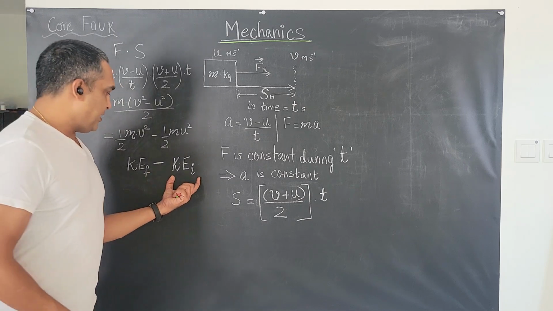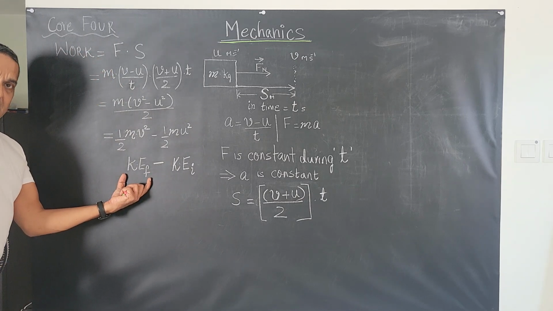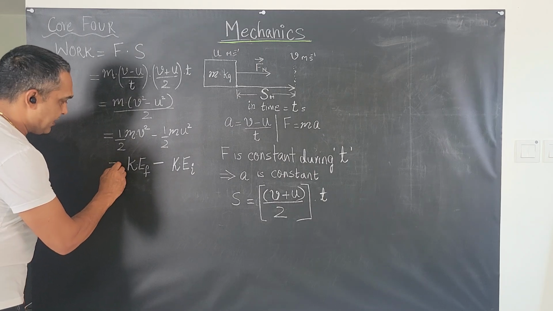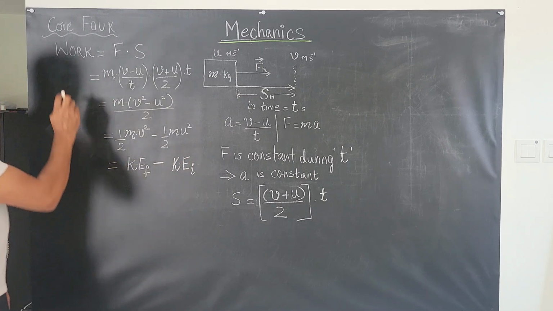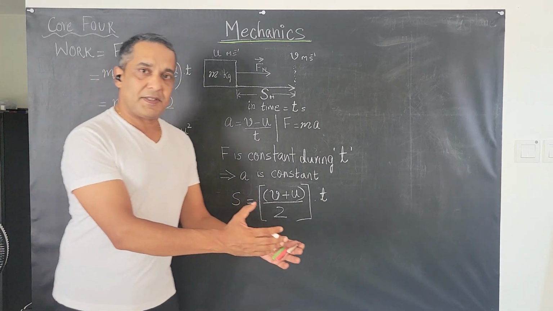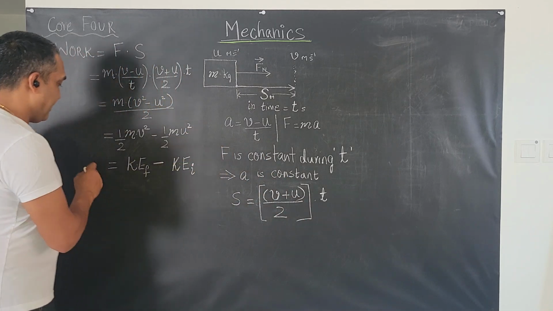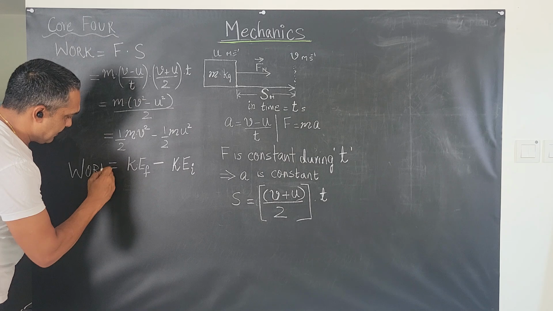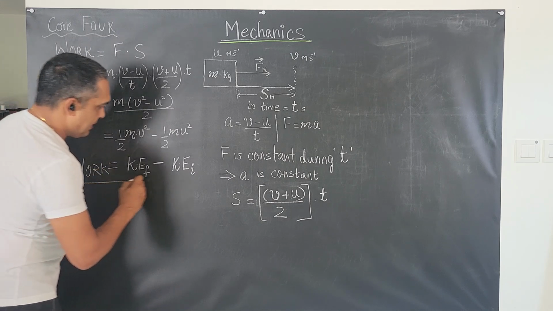So it's initial kinetic energy subtracted from the final kinetic energy, which is the difference in the energy, is the work done by that force. So this effectively becomes what is called the work energy principle, right?